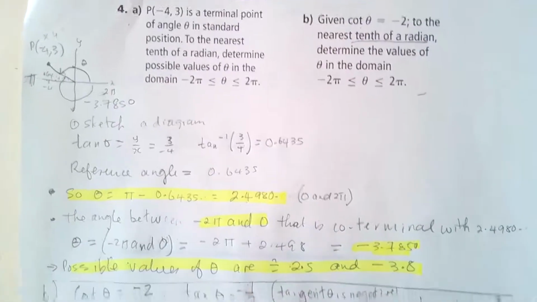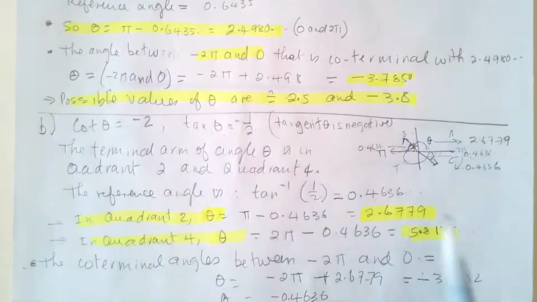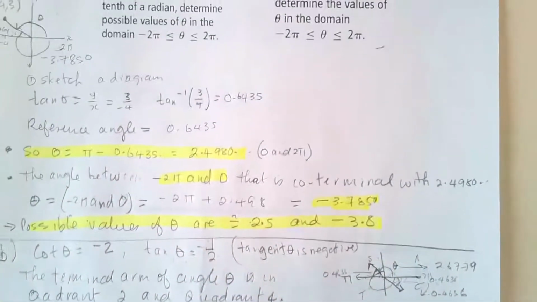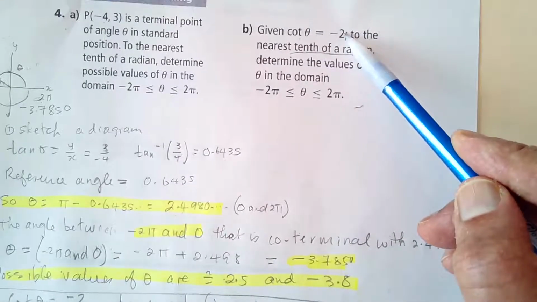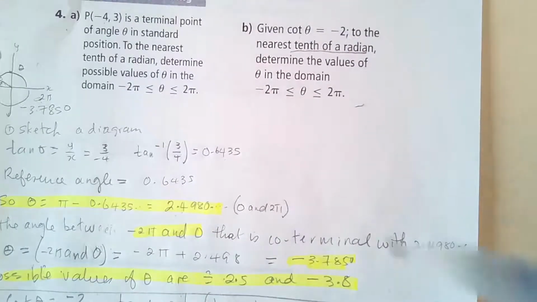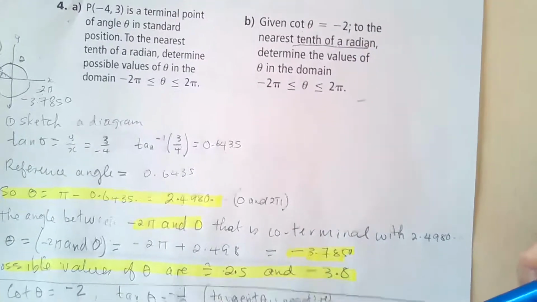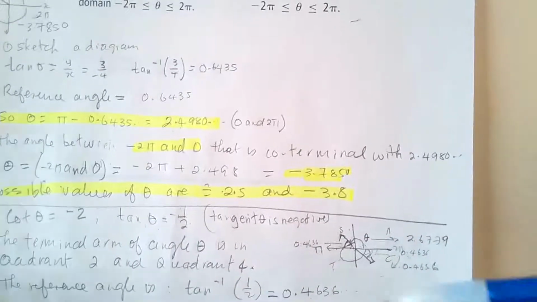Once you know your reference angle, you can find the coterminal angles. The second part, you're given the cotan, or even tan, you find what quadrant it is in by doing it. Always start with a sketch. It helps to give you a visual representation of the problem.